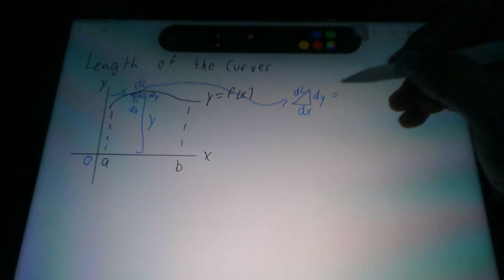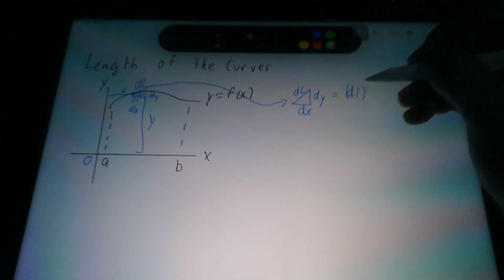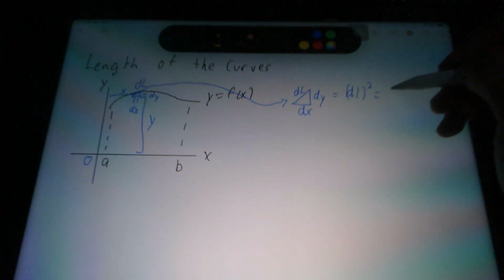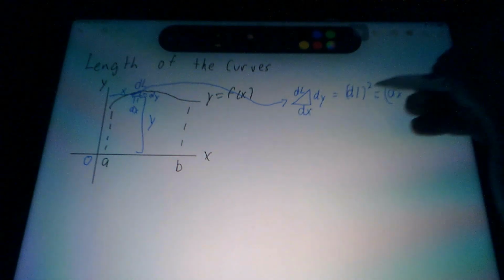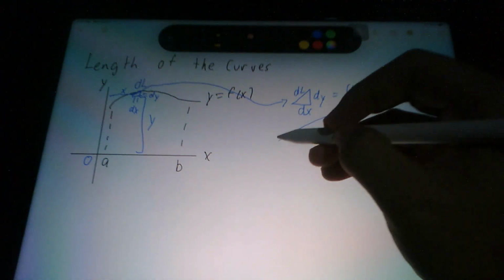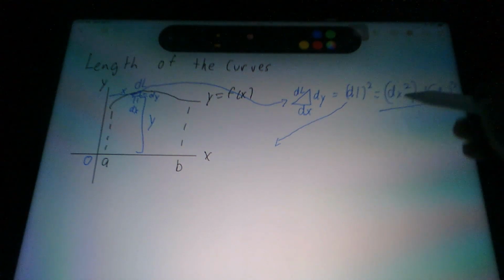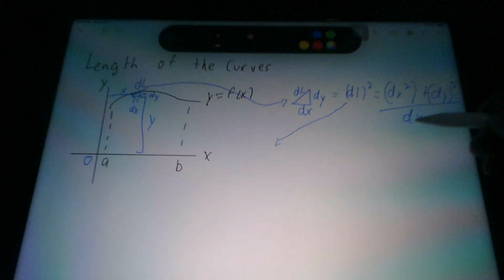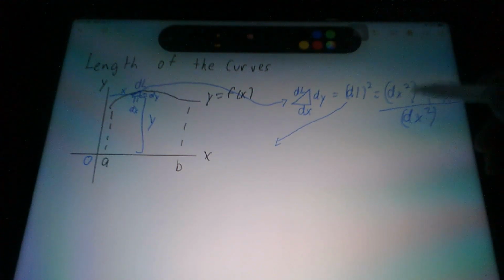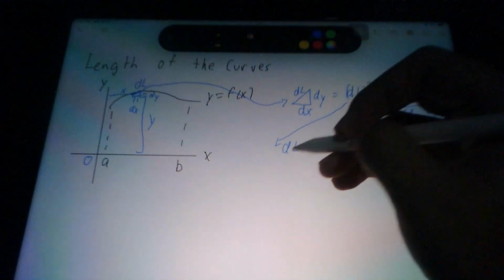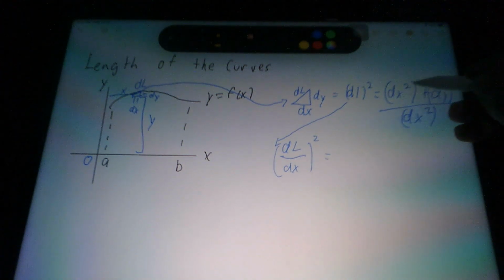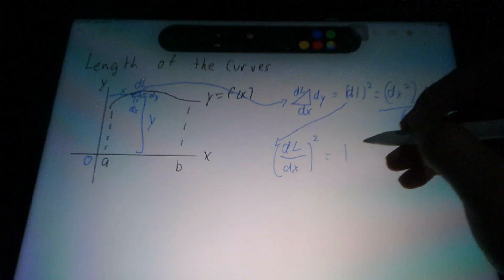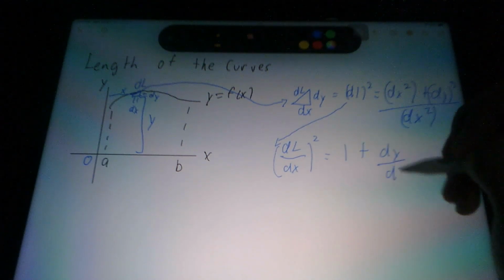So if we say this is equals to DL squared equals to dx squared plus dy squared, our differential length here, if this equation is divided by dx squared, this will become dl over dx squared equals to dx squared, and dx squared will just become 1 plus dy over dx squared.